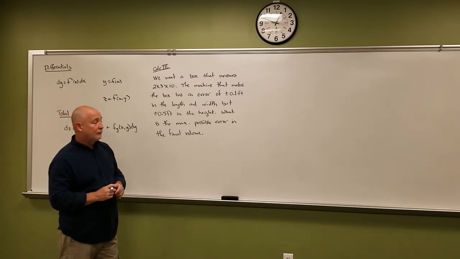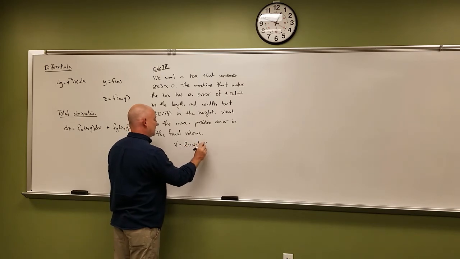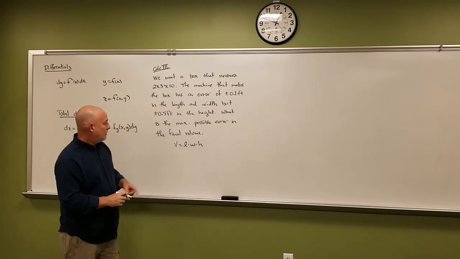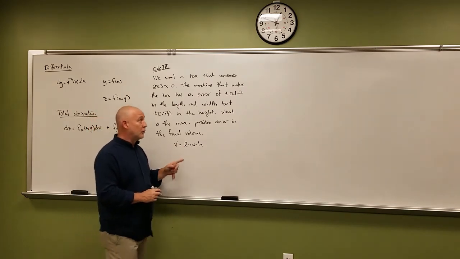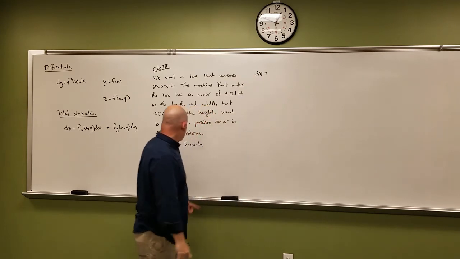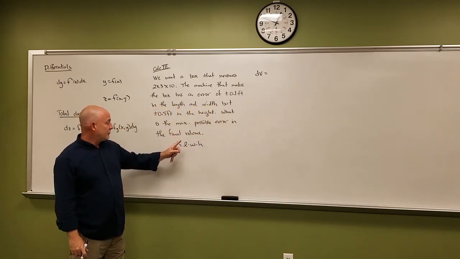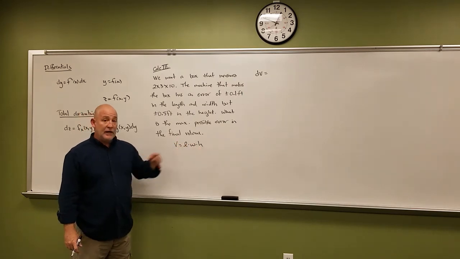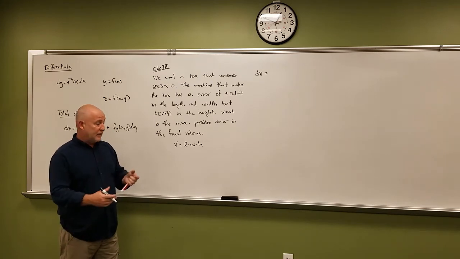So if we wanted to do this, how can we find it? Well, first off, the volume of our box is length times width times height. Now, each one of these has a possible change in error, so we want the differential for this. So a small change in volume would be, and we got to take the differential of this, which means we're going to have to take the derivative with respect to length, width, and height, and then multiply by the derivative in that direction.